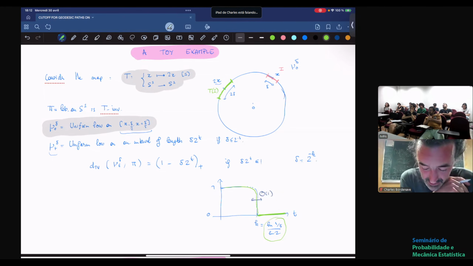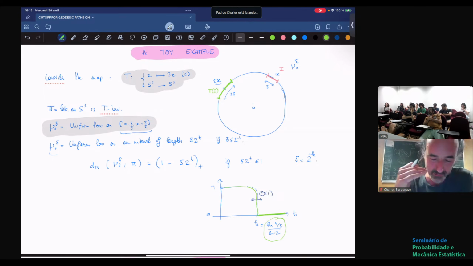So you see, it's a very easy example of cutoff, and it hints at the possibility that for many ergodic dynamical systems, such as this one, with a Lebesgue measure as invariant measure, on the unit circle or on a torus, you expect that when you start at an initial condition which is very localized, here a uniform measure on a ball of radius delta, you will have cutoff generically.